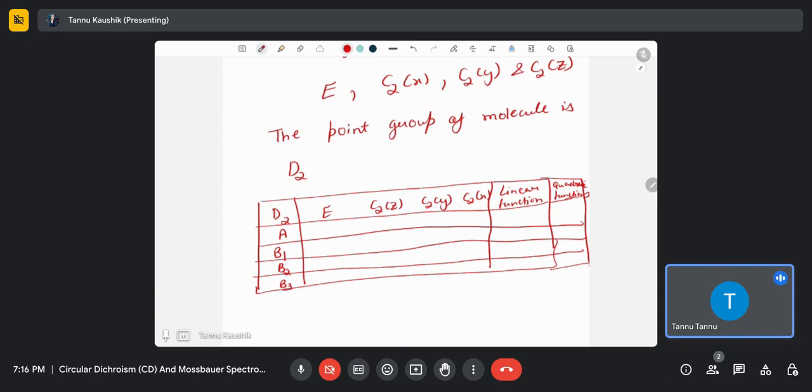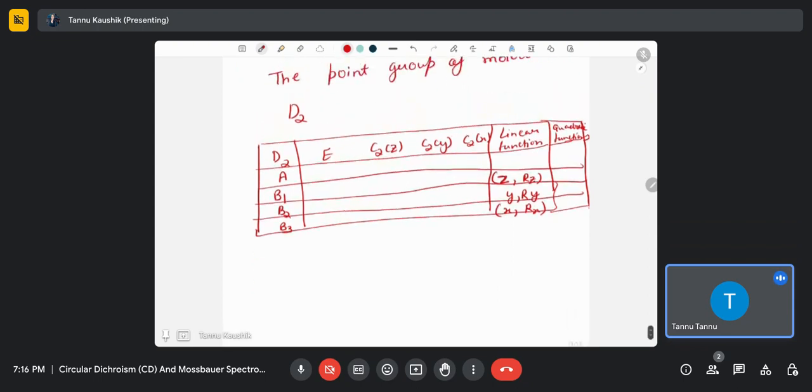So if we write the linear function corresponding to each irreducible representation, we will see that with B1, we have Z and RZ functions associated. Similarly, for B2, we have Y and RY, and for B3, we have X and RX.